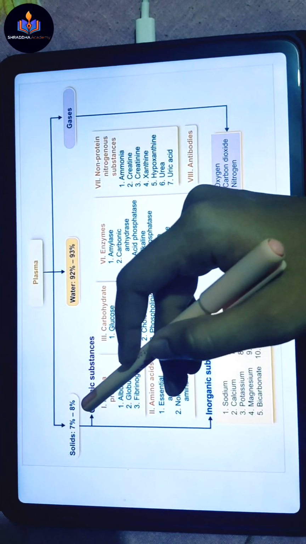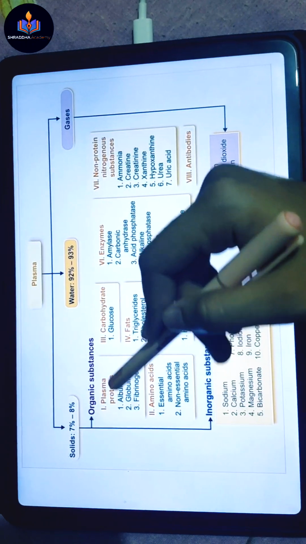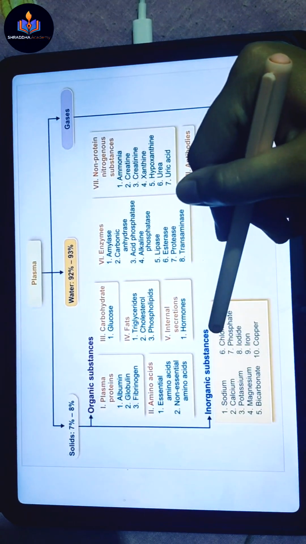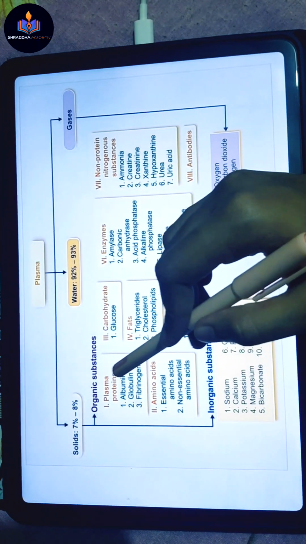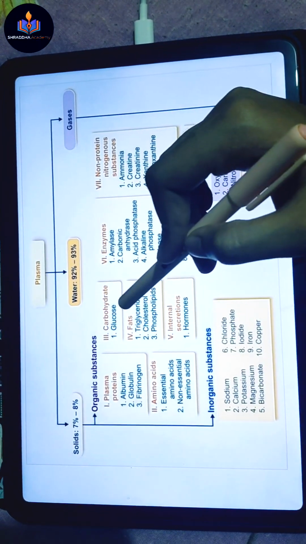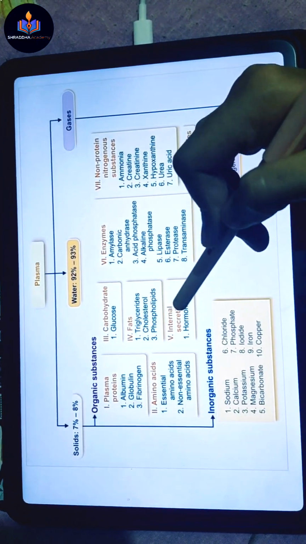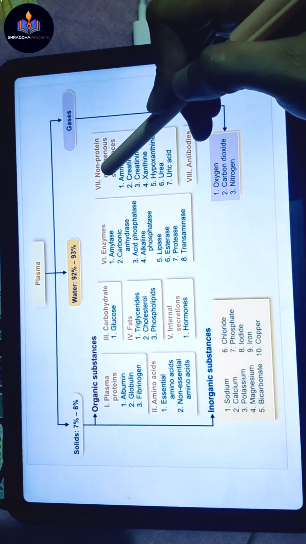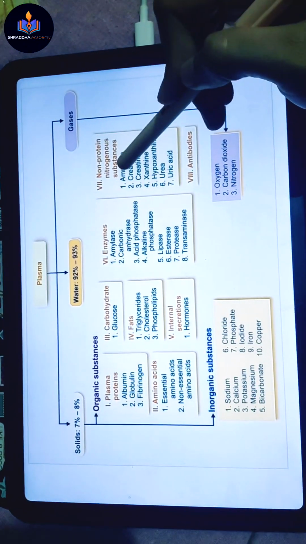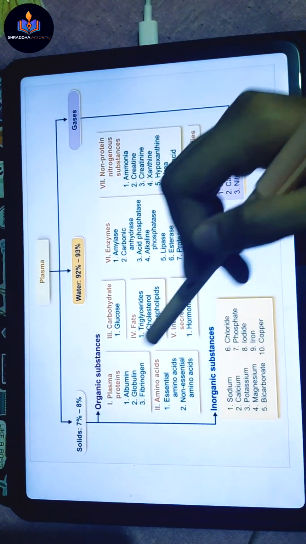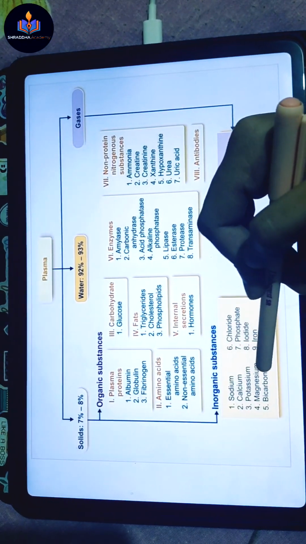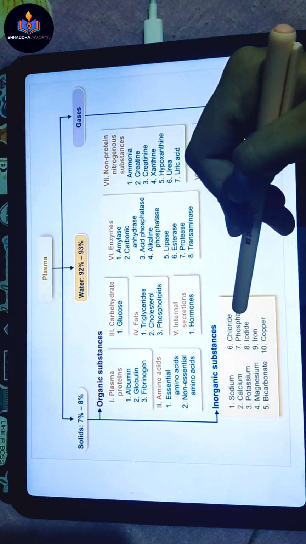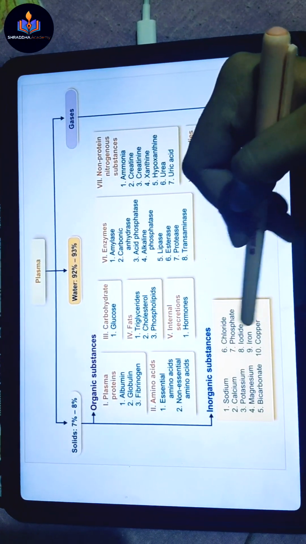Coming to the solids, which are 7 to 8%, there are organic and inorganic substances. Organic substances are plasma protein, amino acid, carbohydrate, fat, internal secretion, enzyme, and non-protein nitrogenous substances. Inorganic substances are sodium, calcium, potassium, magnesium, bicarbonate, chloride, phosphate, iodide, iron, and copper.